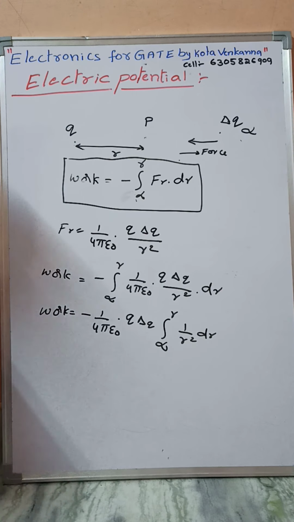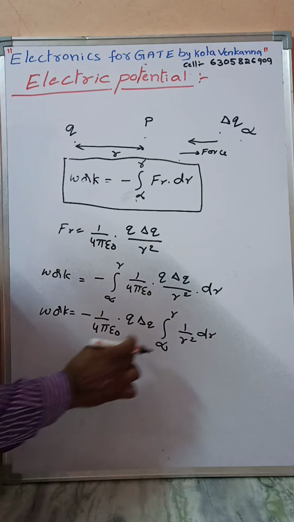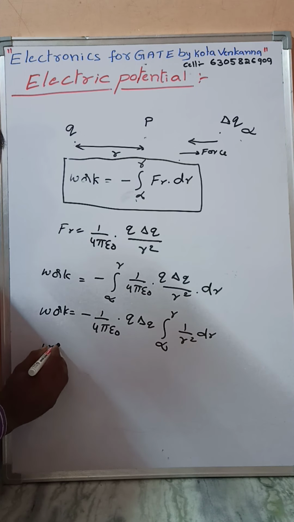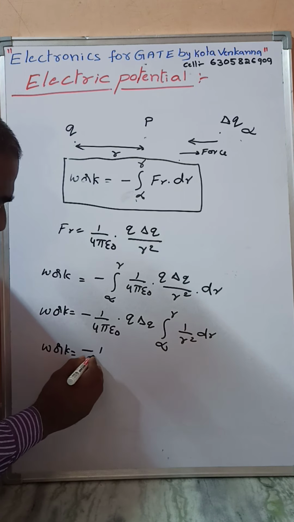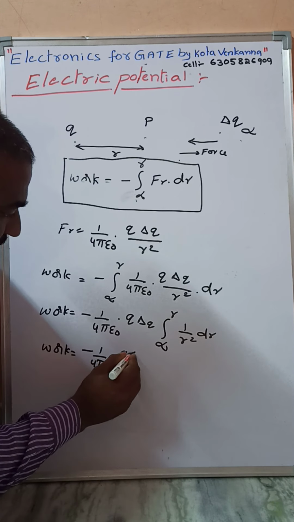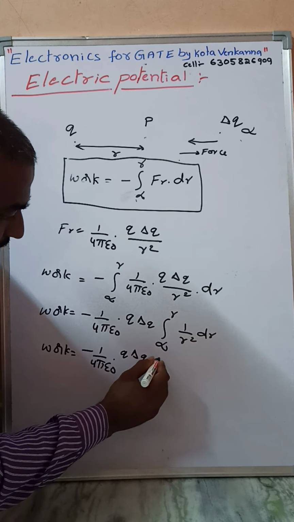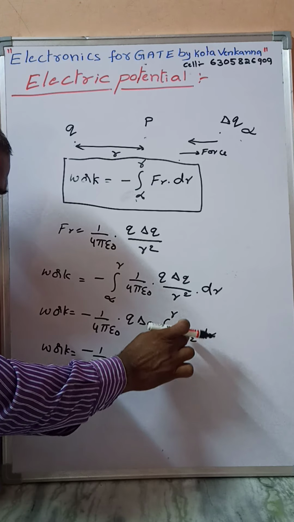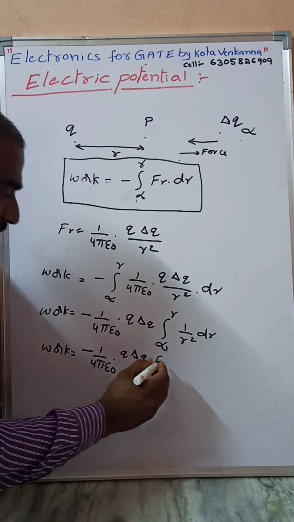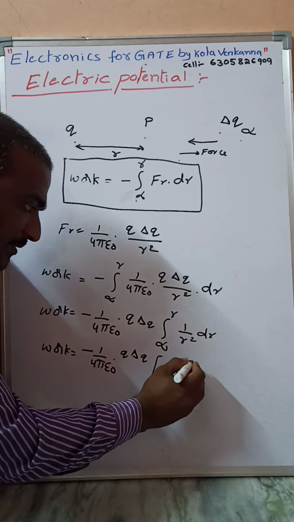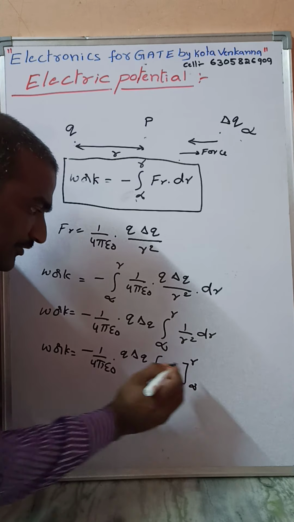The integration of dr by r square is equal to minus 1 by r. So work is equal to minus 1 by 4 pi epsilon naught q del q times minus 1 by r, with the upper limit r and the lower limit infinity.